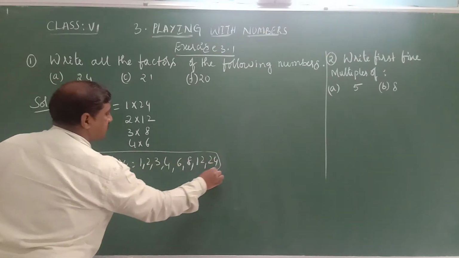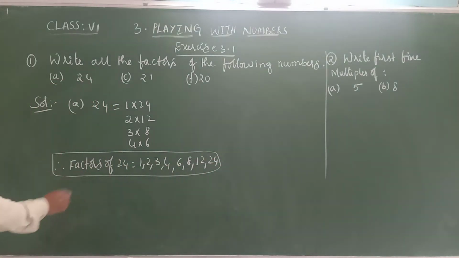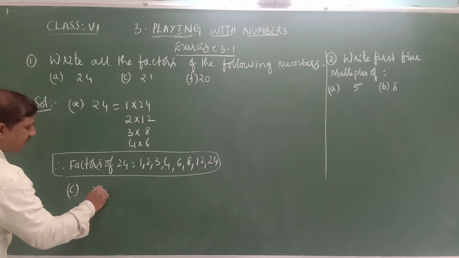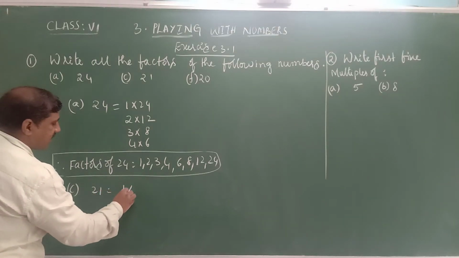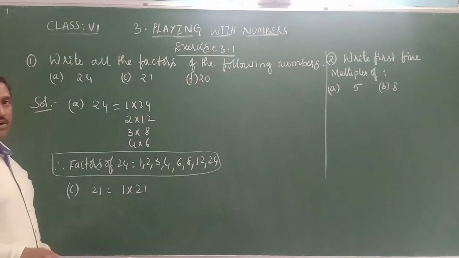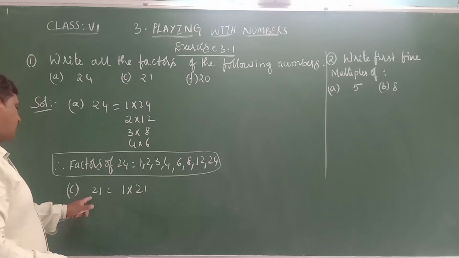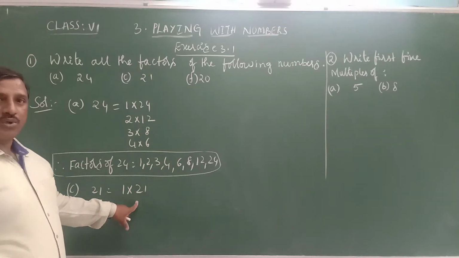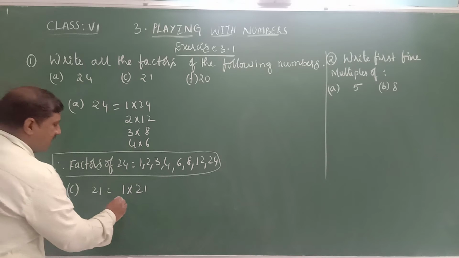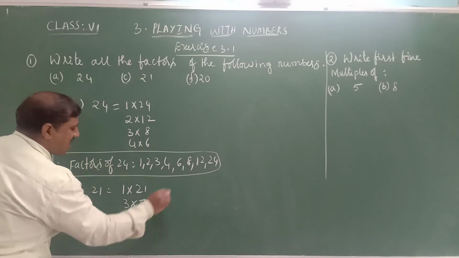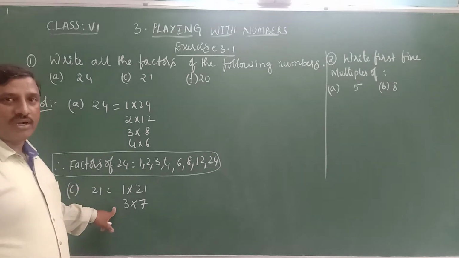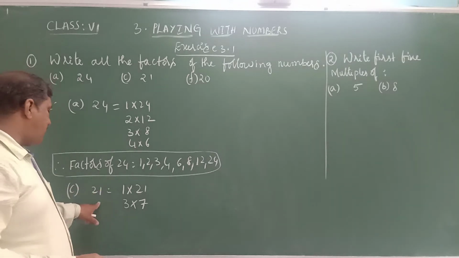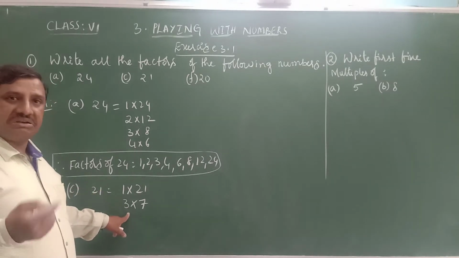Next, take B, it is 21. So factors of 21: 1 is a factor, that is 1 into 21, 1 twenty-ones are 21. With 2, it is not divisible, so 2 is not a factor. With 3 into 7, 3 sevens are 21, it is divisible. With 4, 5 fours are 20, not divisible. With 5, 4 fives are 20, not divisible.